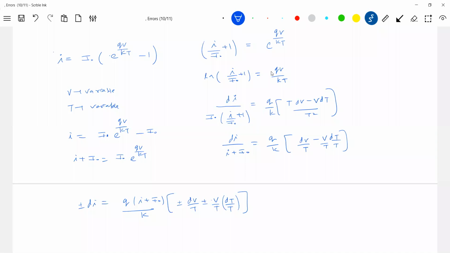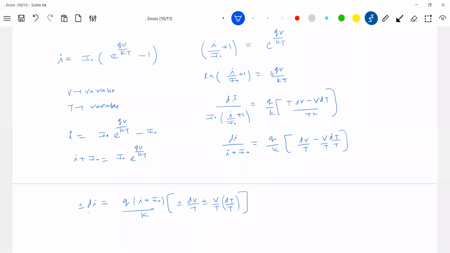So the relative error in I, what is dI? Not random error, I'm just writing this one. Mean absolute error in I is equal to, it depends on these quantities. So if you get an exponential, you see, there's another way of solving the problem. Okay, so these are some propagation of errors. All are very important.